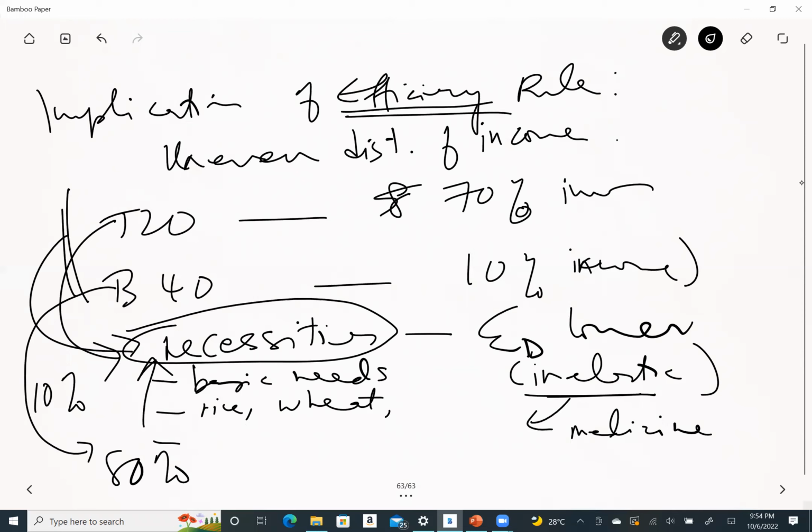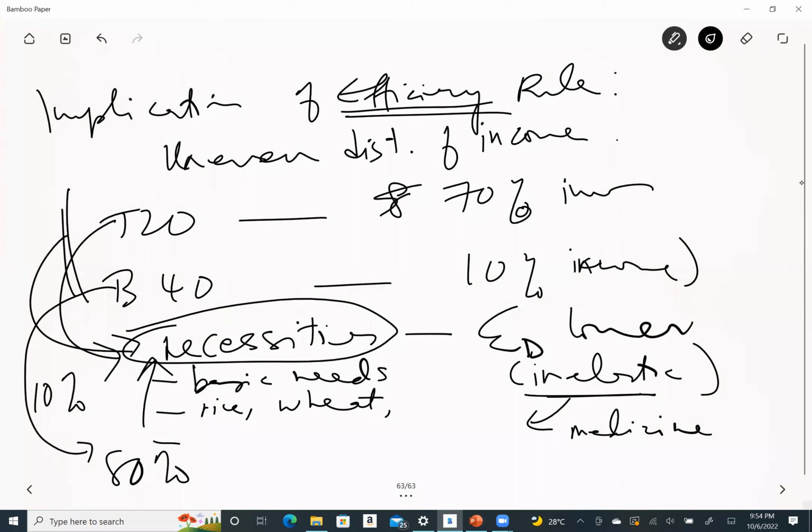So what if the government taxes rice very high, sugar very high, flour very high, and taxes goods that are more elastic, let's say Ferrari and luxury boats, low?